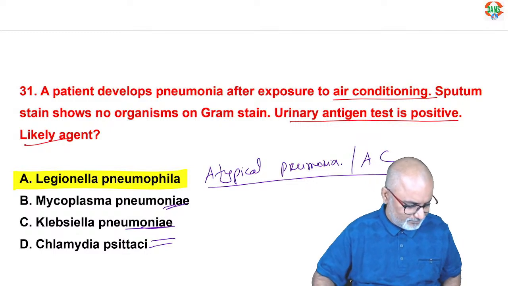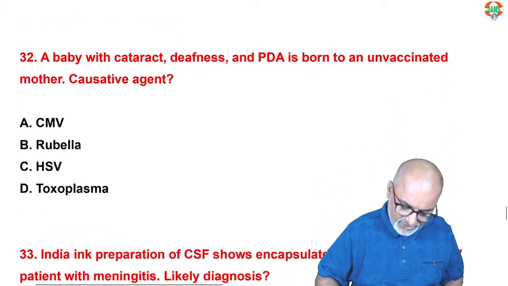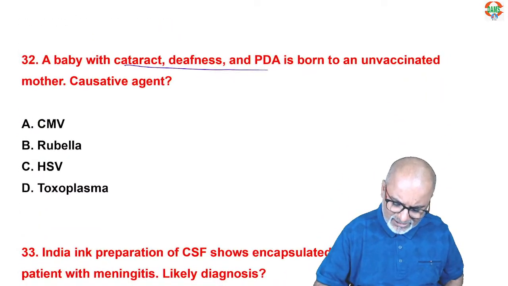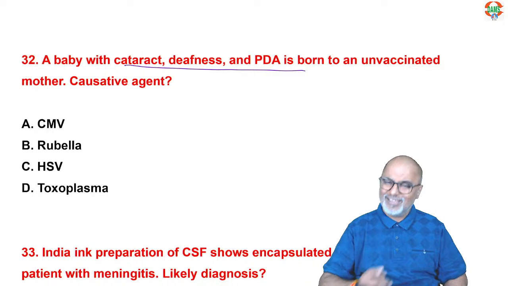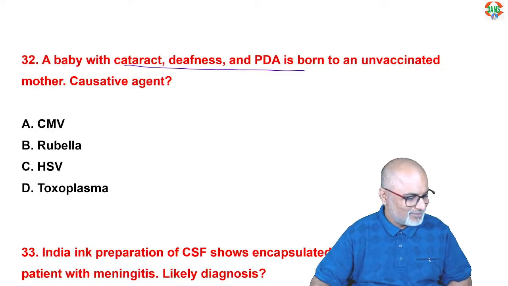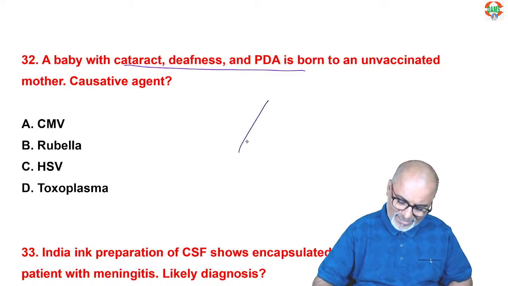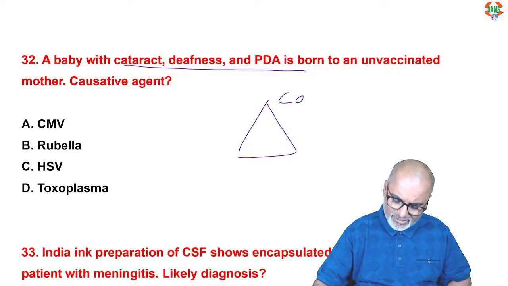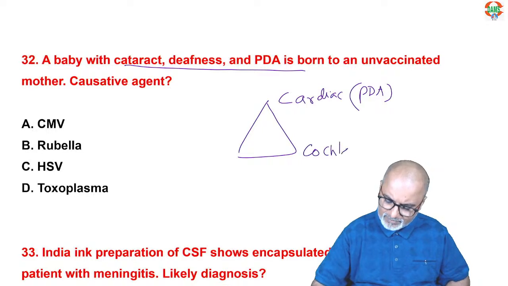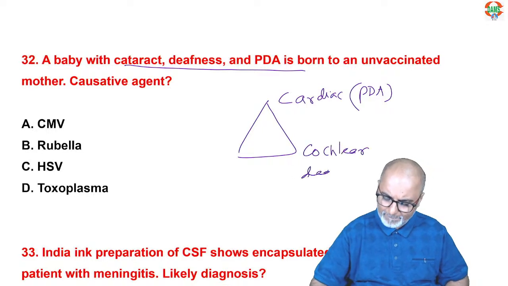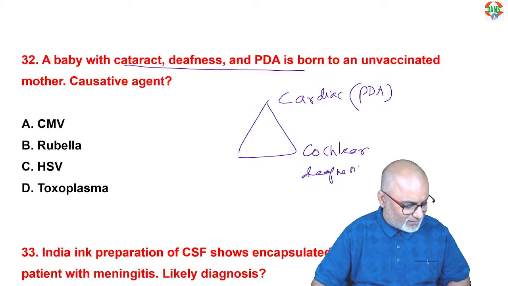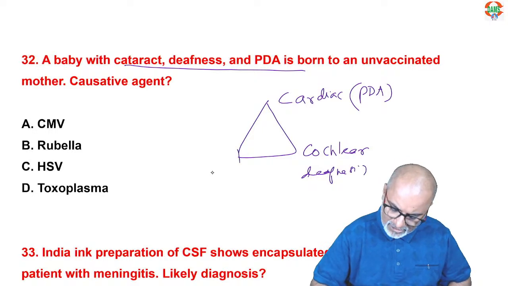Next is a baby with cataract, deafness and patent ductus arteriosus. Already I told you, it is a triad of CCC: cardiac defect, patent ductus arteriosus; cochlear defect, sensorineural deafness, hearing loss; and congenital cataract.